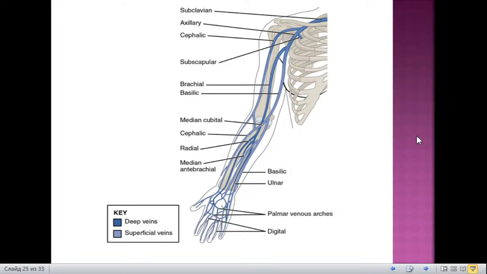It's a result of the union of two brachial veins. Also, about these deep veins, because they follow arteries, they have an interesting Latin name. They are called venae comitantes. What does it mean? It's like satellite veins.